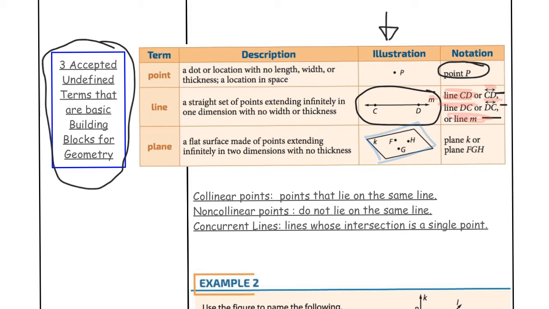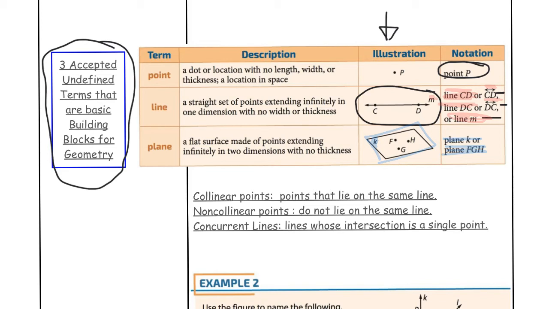And when we write the notation, we use the little italicized letter in the corner saying plane K, or we can use 3 points to name the plane with the word plane FGH. You have to use 3 points. Now there is no little symbol like a double arrow to go over it. We just write the word plane.